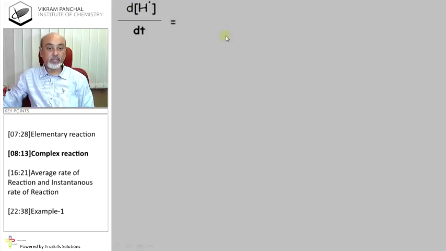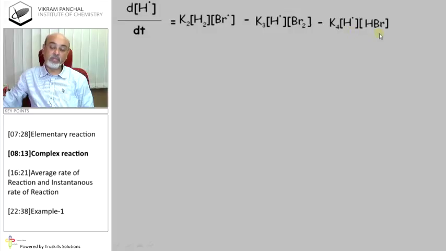So d[H dot]/dt is equal to K2 [H2][Br dot] minus K3 [H dot][Br2] minus K4 [H dot][HBr]. This is equation 3, and as H dot is not existing at the end, this is equal to 0. Now we can change the side of these two also.